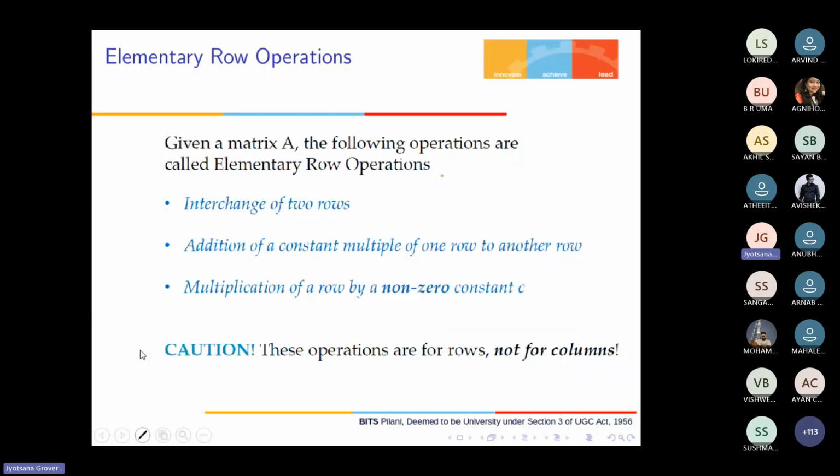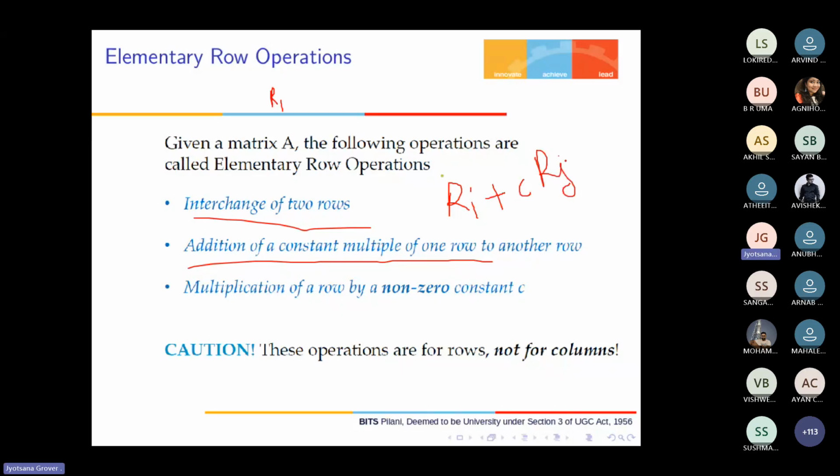What do you mean by elementary row operations? If you have a matrix, if you interchange 2 rows, that means swap 2 rows, it is an elementary row operation. Addition of constant multiple of one row to another row. For example, you add to a row i some constant multiple of some another row j.